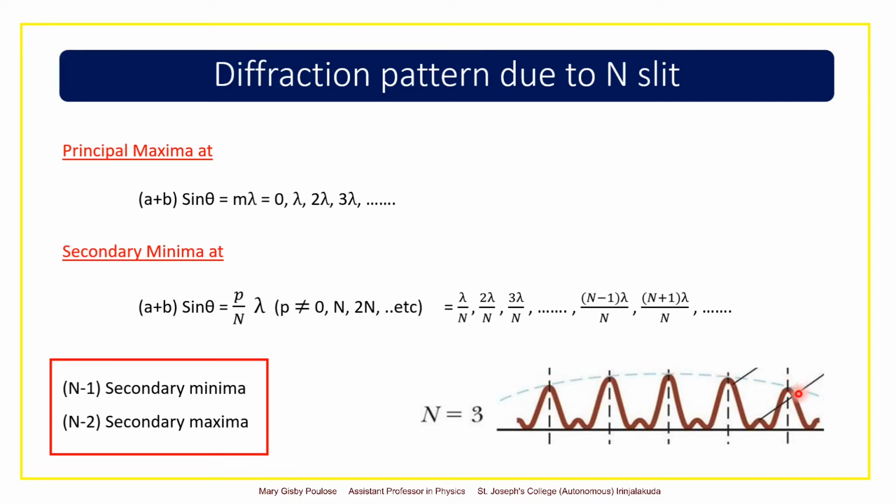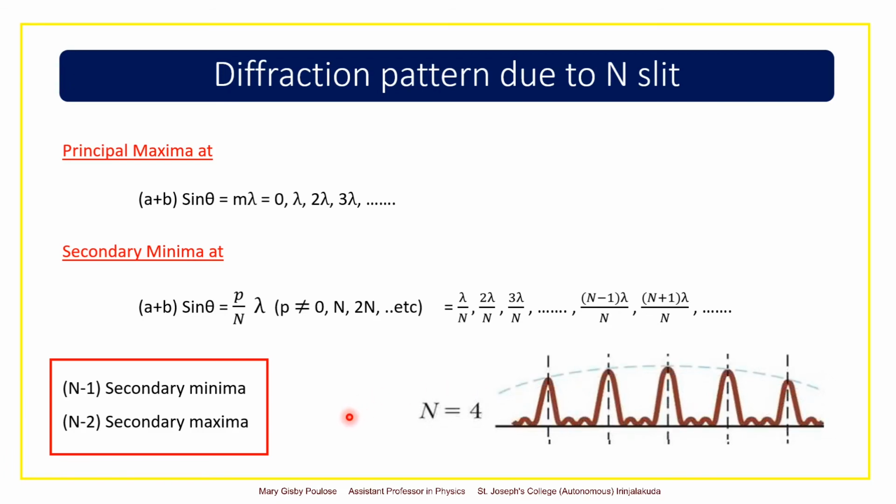And between any consecutive principal maximas, we have N minus 1 secondary minimas. Here N is equal to 3, hence 3 minus 1 is equal to 2 secondary minimas. This is 1 secondary minima, 2 secondary minima. And we have N minus 2 secondary maximas. That is 3 minus 2, we have 1 secondary maximum.